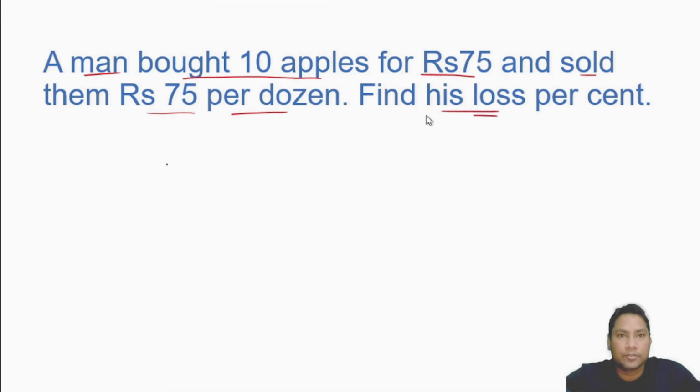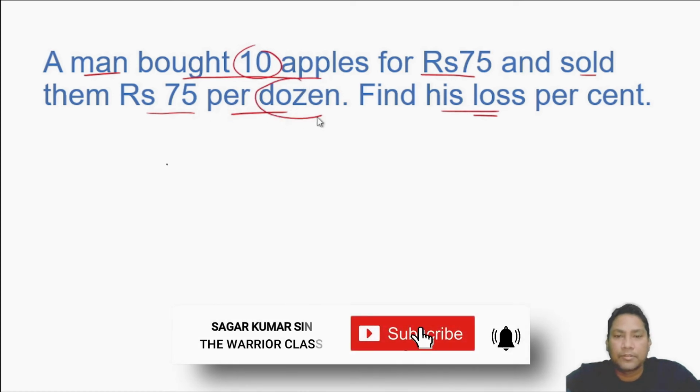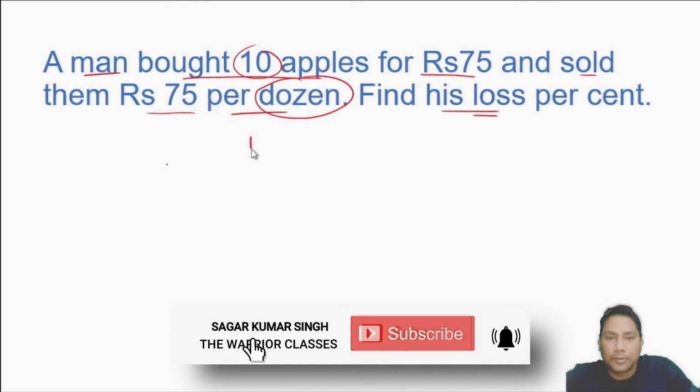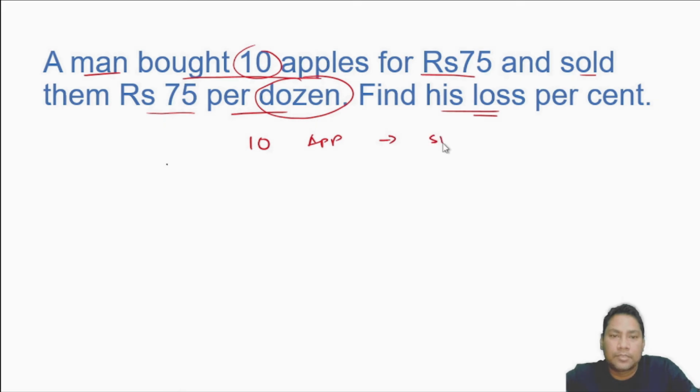So friends, in this question they have given the buying amount of 10 apples and the selling amount of a dozen. It means they have bought 10 apples and sold 12 apples.